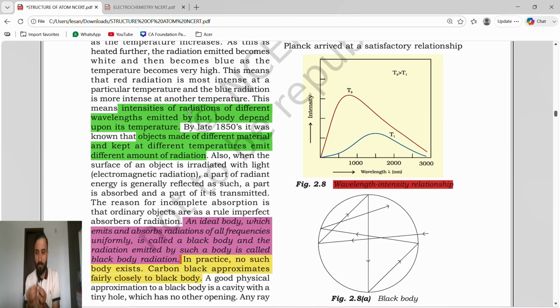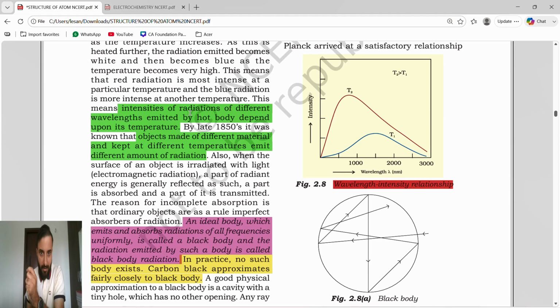Suppose I take two objects, object A and object B. If the heat given to object A is not so high, then the radiation coming out is also low. Another is an object which is highly heated.